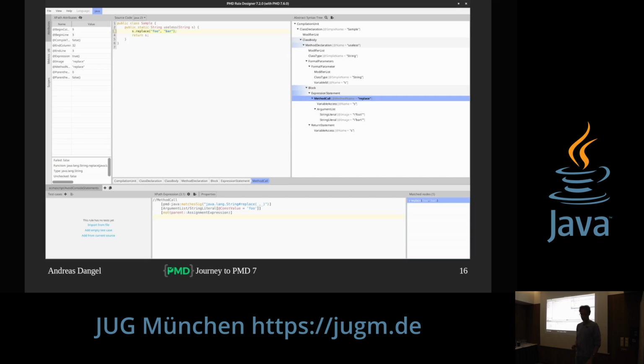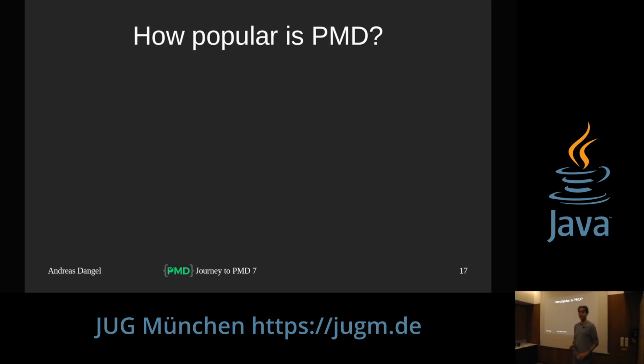Right. Then the question is, how popular is PMD? And we are an open source project, so nobody needs to register when someone downloads a copy. We also don't have any telemetry built in, so we don't know who uses it, when it's used, how often, for which projects. That all would be interesting to know.